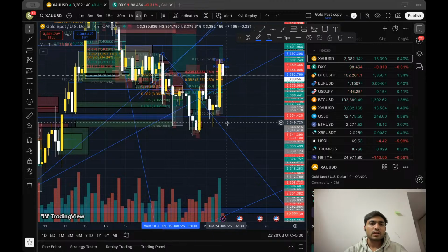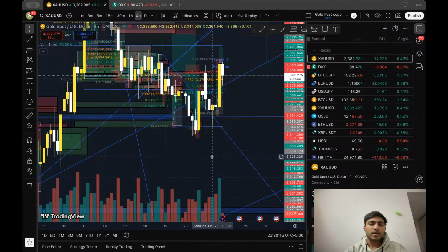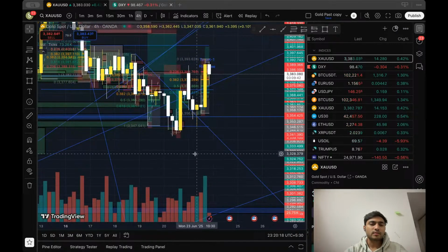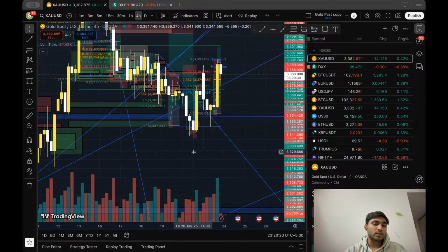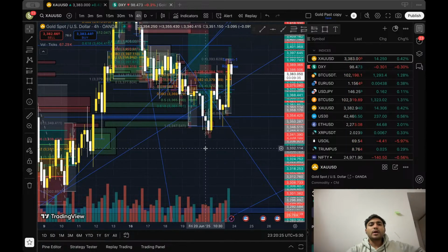No, I don't think that's the trend line that followed. I'm seeing this one. This is market structure only. See, market structure is a goated trade that has been good to us since the start of this year. So I would go with the market structure.